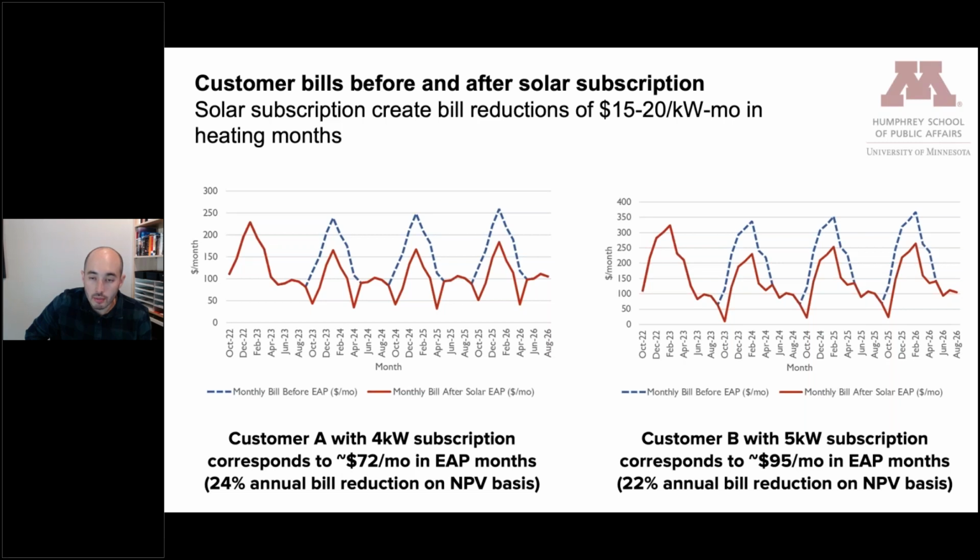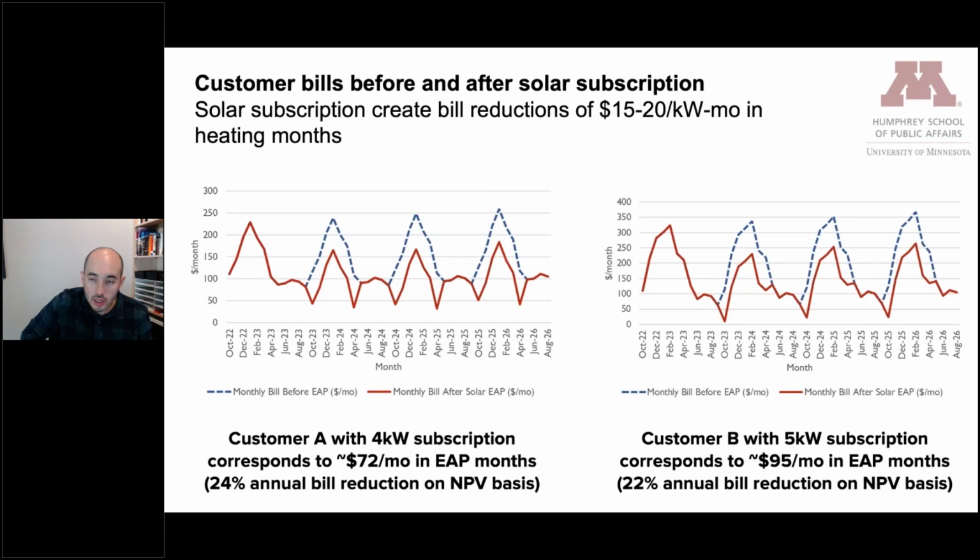And in this program, they're getting a monthly kilowatt hour credit that's worth about $72 a month in the heating season for a 24% bill reduction. The household on the right has a higher energy bill. Their bills peaked at about $325 in the heating season. And so they have a slightly larger subscription size, 5 kW, which amounts to about a 22% annual bill reduction or $95 a month in the heating season.